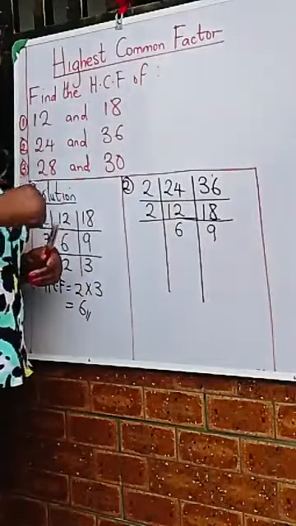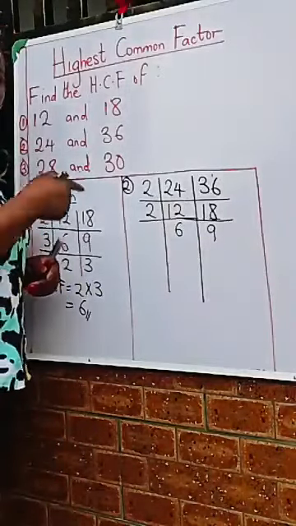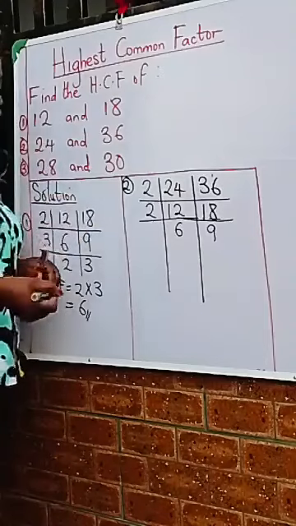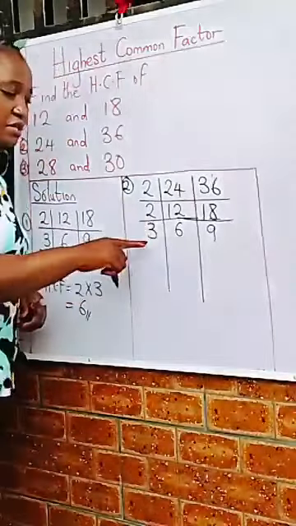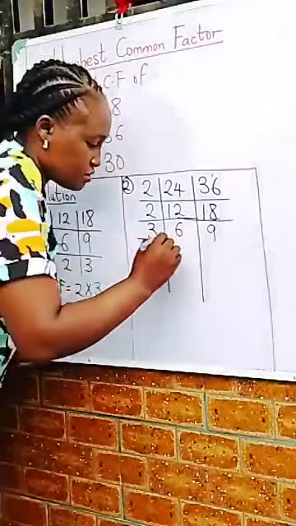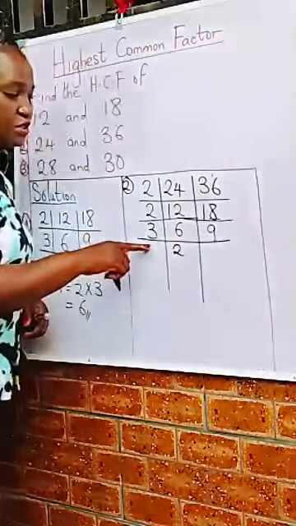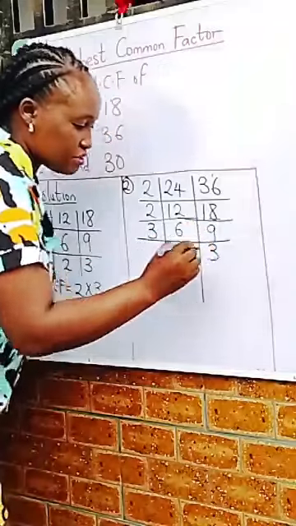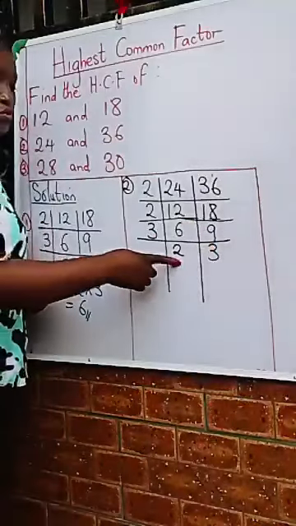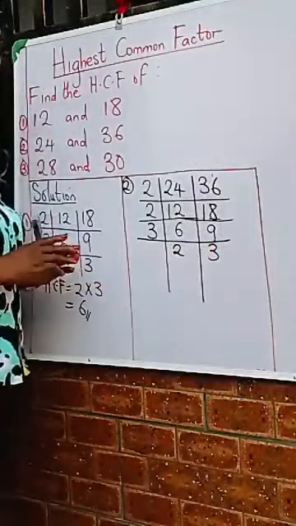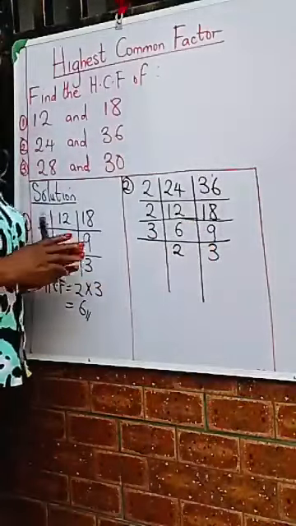You now figure out which other prime number can divide both of them at the same time. So we are picking 3. 3 divide 6 will give you 2. 3 divide 9 will give you 3. We are now left with 2 and 3, which are prime numbers. Nothing can divide through at the same time. Our operation ends here.